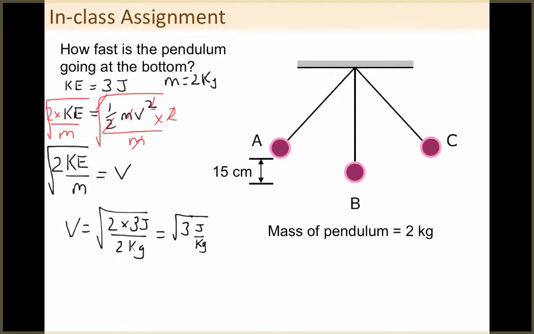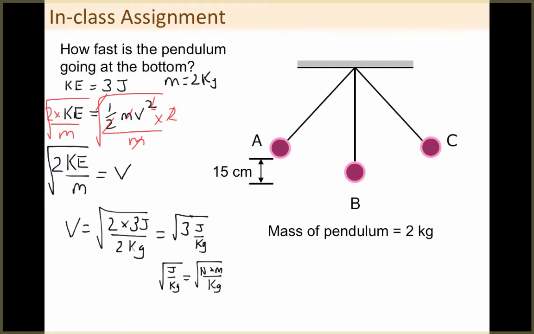So let's take a look at these units here. The units are in the square root as well as the number. So we have the square root of joules over kilograms. We can break the joules down into newtons times meters, so newtons times meters all over kilograms.